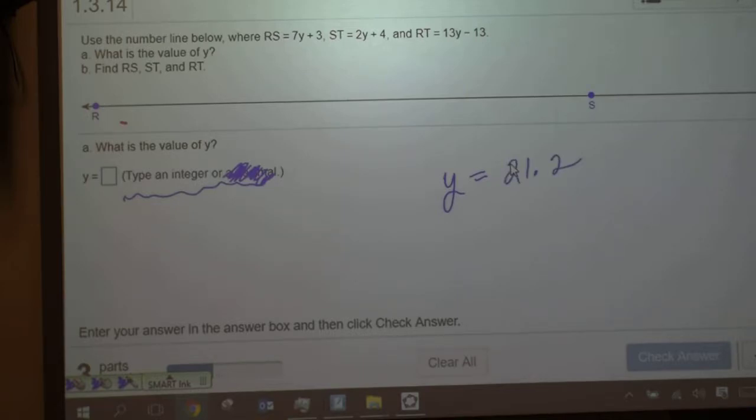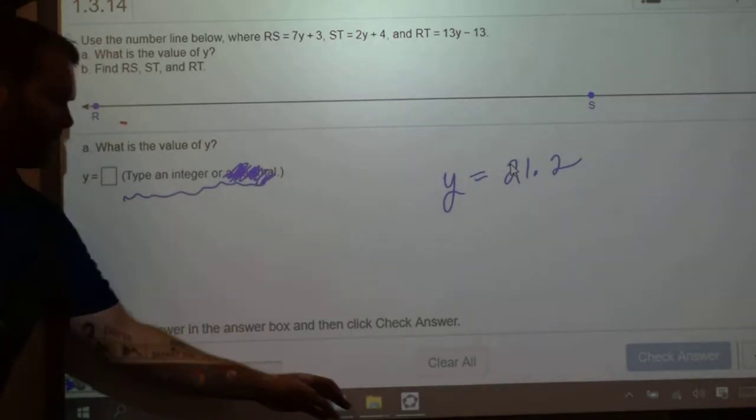What's that tell me? Keep it in the form before. Keep it in fraction form. Well, is fraction form an integer? No. Integers are just 0, 1, 2, 3, 4, 5, 6, 7, and their opposites. All the way to positive and negative infinity. So 21.2 is not an integer. So what's that tell me about my work? I've probably done it wrong.